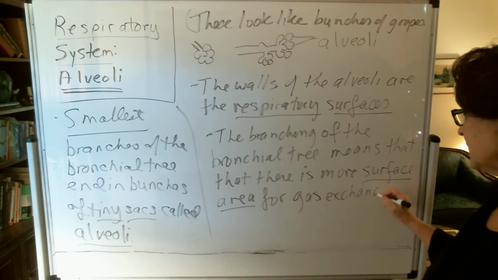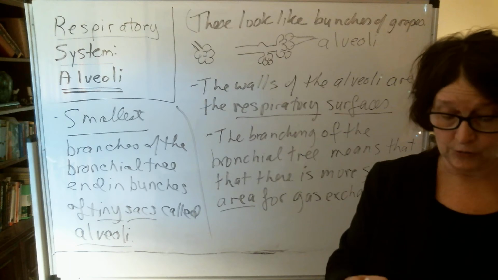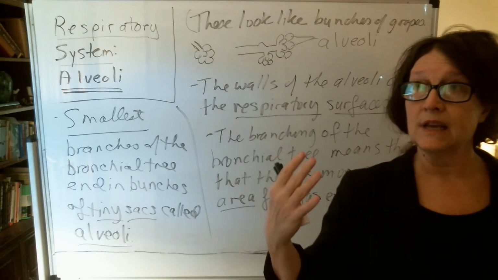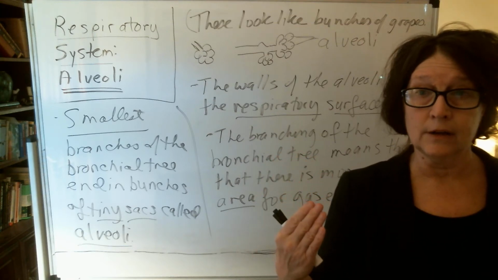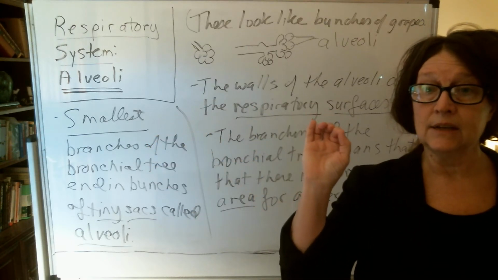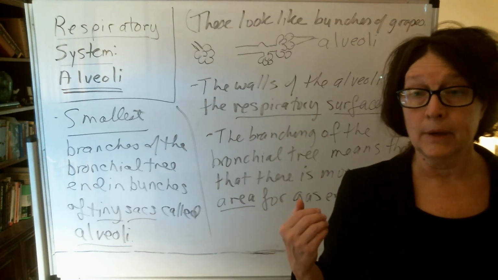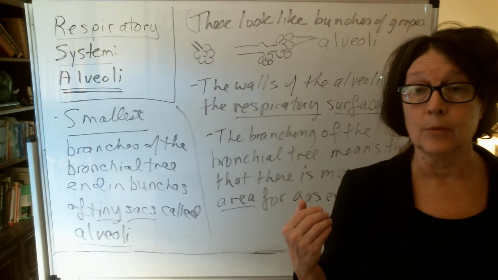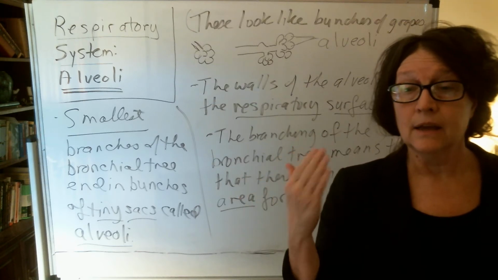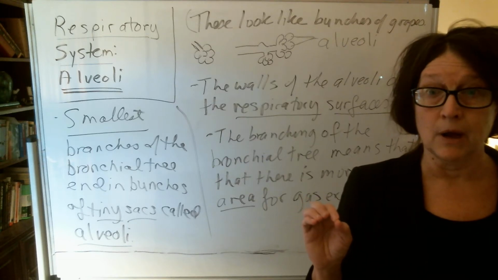And the whole point behind all of this is gas exchange, getting oxygen for your tissues, giving off the CO2. And so basically you have all of these divisions and subdivisions of the bronchial tree so that you can get as much air as possible to those tiny individual sacs. If your lungs just had smooth walls and you had one big pipe coming in from the primary bronchi, if you just had primary bronchi leading to big sacs, you would have much less surface area for gas exchange, and you really wouldn't have enough oxygen to run a body of your size.